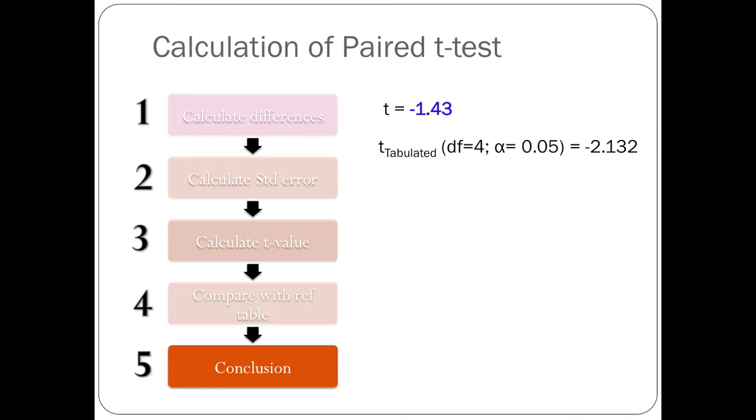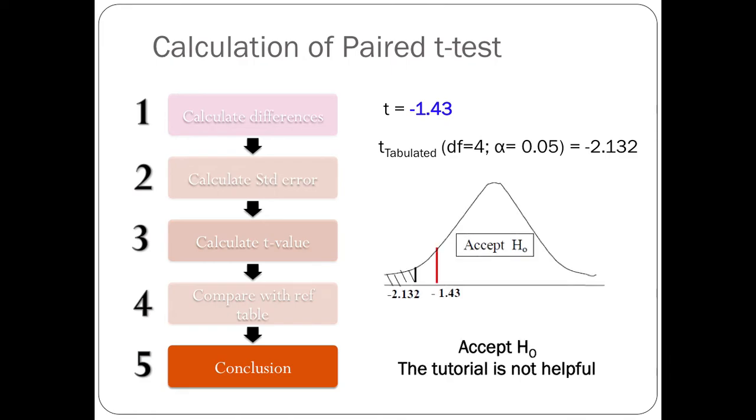So the conclusion, you need to do like this. This is a normal curve. Draw it out, because this is directional, so this is a one tail. Negative 2.132 is your tabulated value where you refer to table 7, and this is what you have calculated, negative 1.43. So it falls within this area, and therefore we have to accept the null hypothesis.